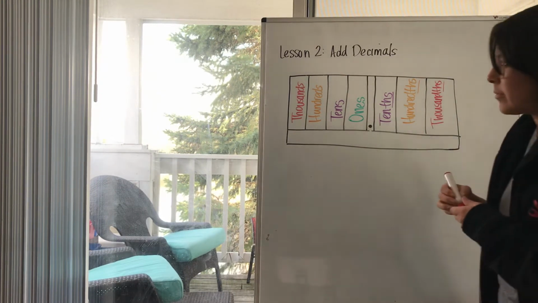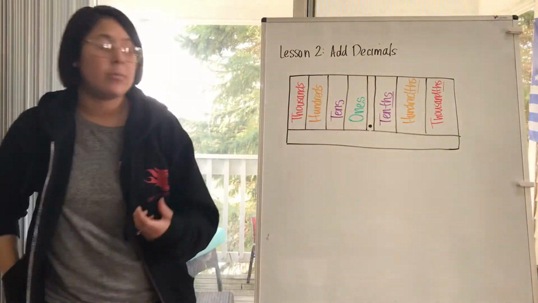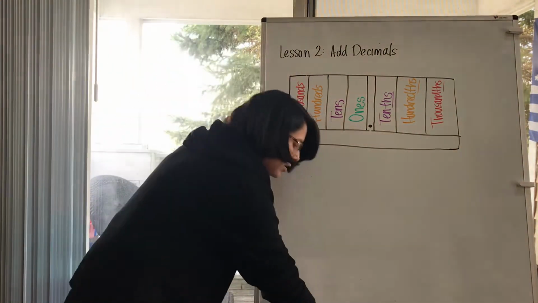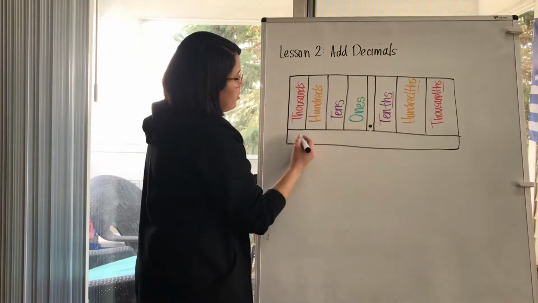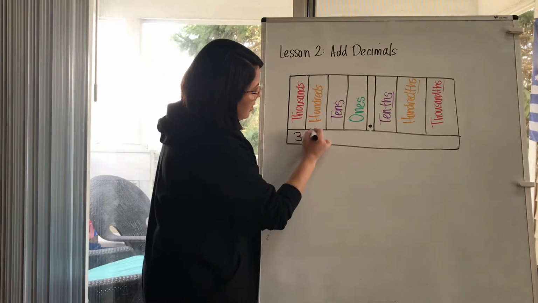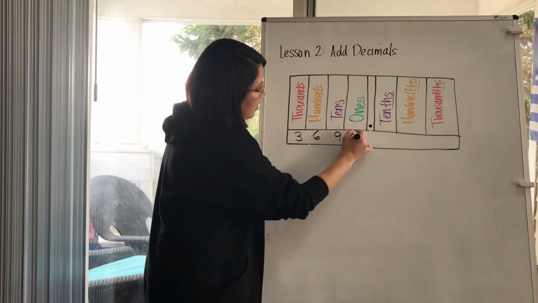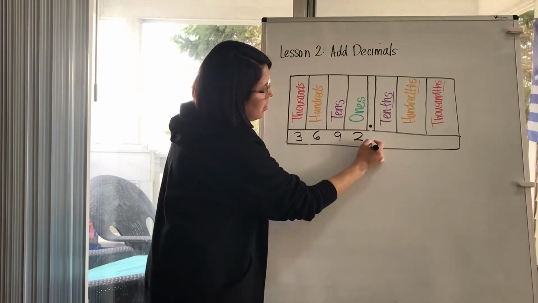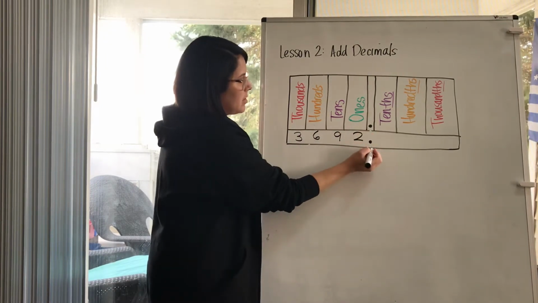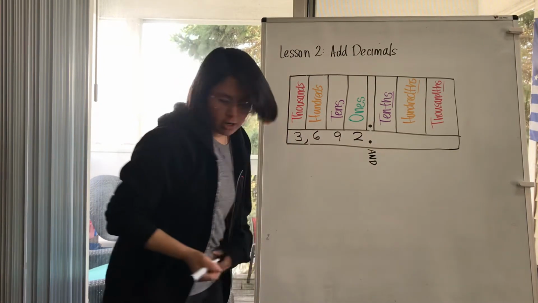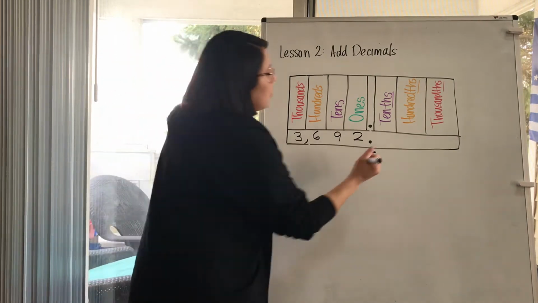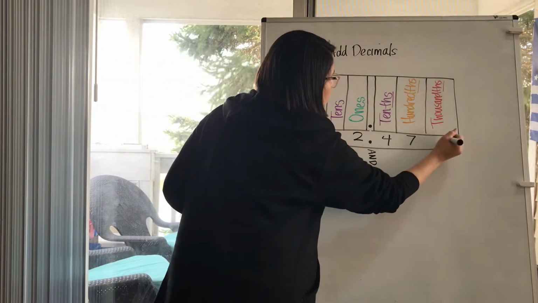Okay? So I'm going to make up a number. It can be any number. And I'm going to put it underneath the places. 3, 6, 9, 2, and remember this little decimal means and. Don't forget your comma. 4, 7, 1.